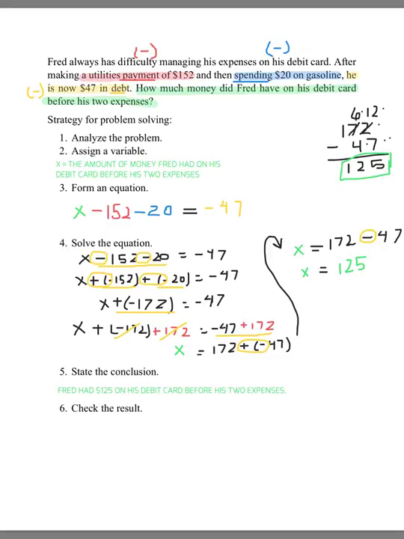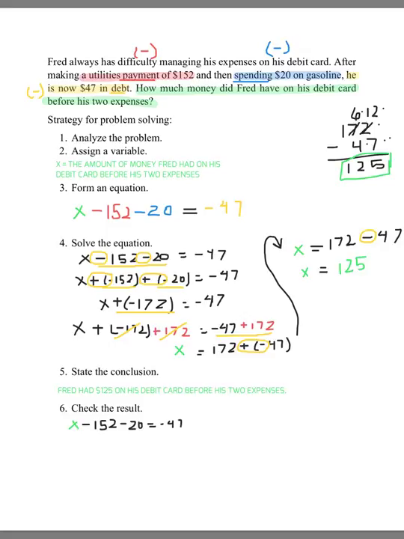So now let us go ahead and check the result. Remember, when checking the result, you always want to start off with the original equation found in step 3. So we're going to have x minus 152 minus 20 equals negative 47.